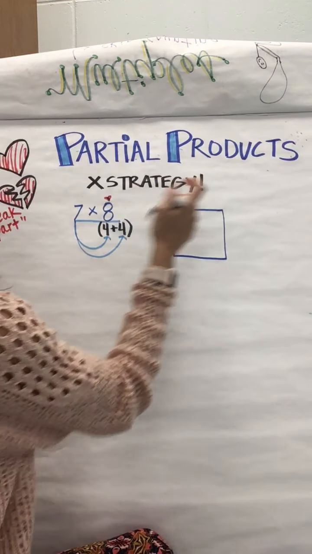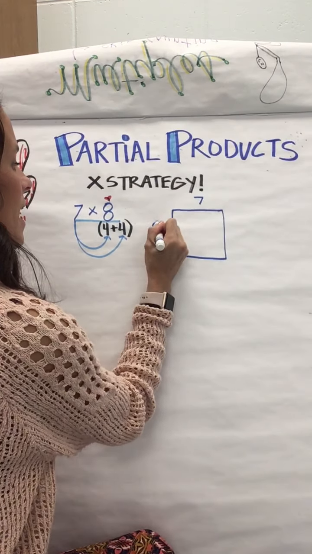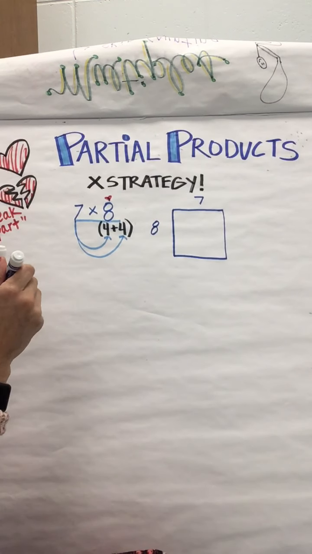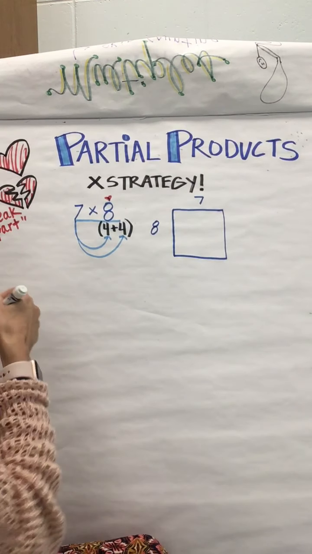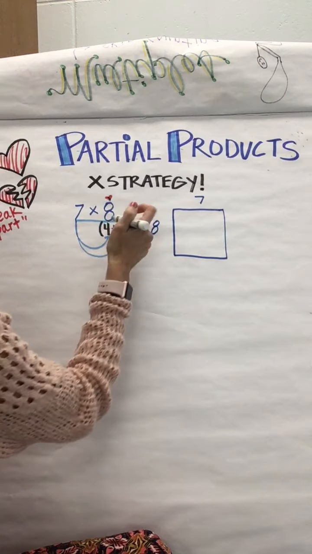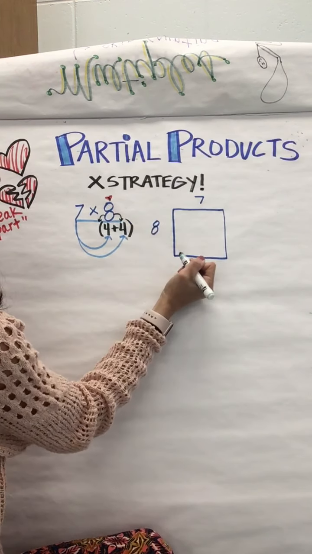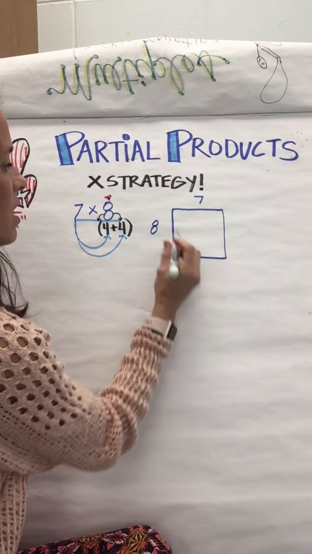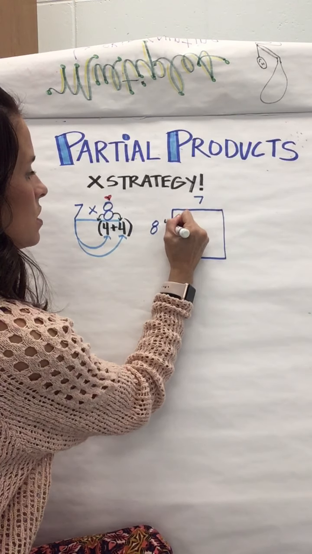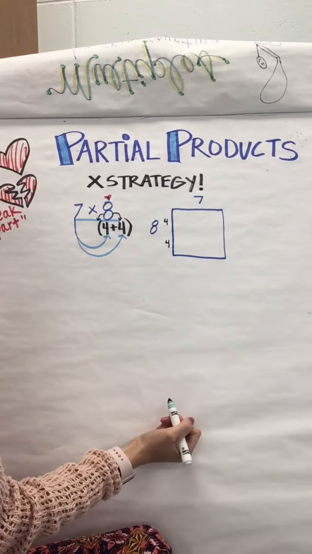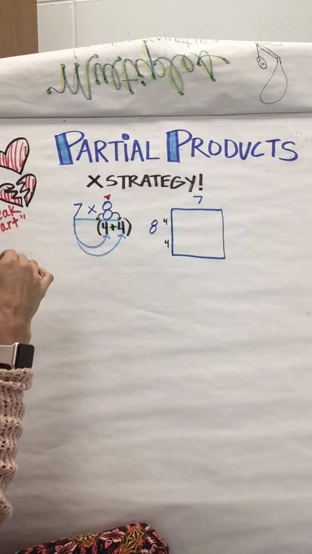If we were multiplying 7 times 8, we just learned that instead of using 8 as a factor, we could break it up and use 4 and 4. So let's break it up in our area model. Instead of using 8, we can use 4 and 4.